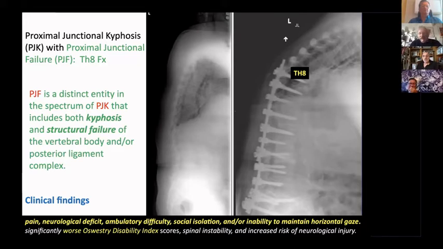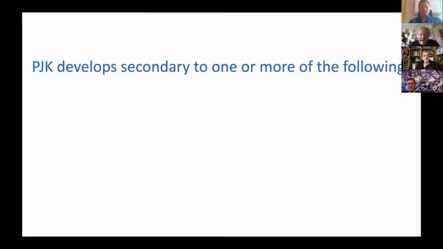So the clinical findings usually are pain, neurological deficit, ambulatory difficulty, social isolation, and/or inability to maintain horizontal gaze because they are bending forward, and a significantly worse Oswestry Disability Index. So this is something which is quite regular, this kind of pathology, and this is what the patients complain about.